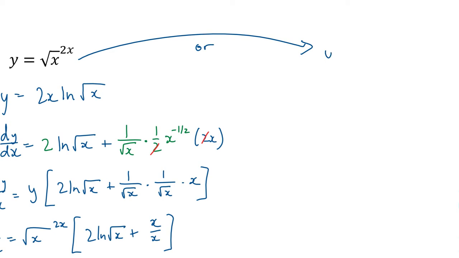What if I did this? Remember, when I'm taking a power of a power, I multiply the exponents. So if I have a product in an exponent, I can split it up to a power of a power. Well, what is that? What's the square root of x squared? X. Aha. Is that going to be easier? Well, let's try it and find out.